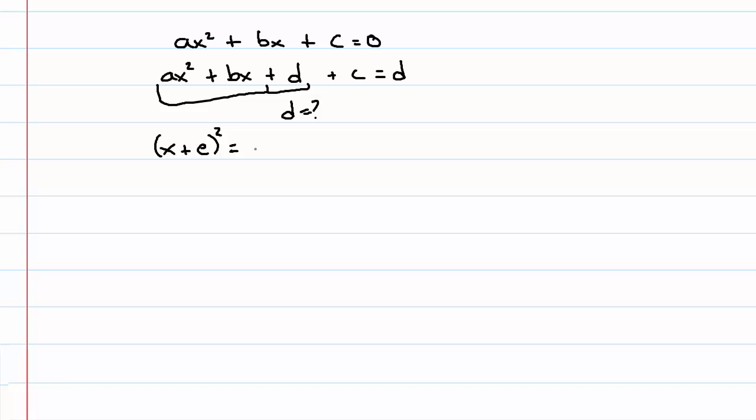So when we rewrite this, we should have x squared plus ex plus ex plus e squared. Now, ex and ex will give us 2ex, and we can see that this is in the form of bx. However, e squared is also d.